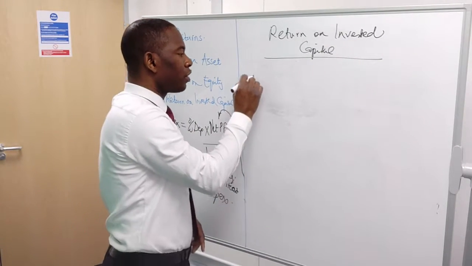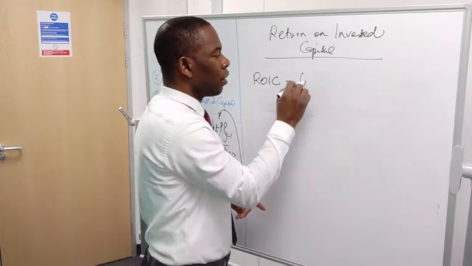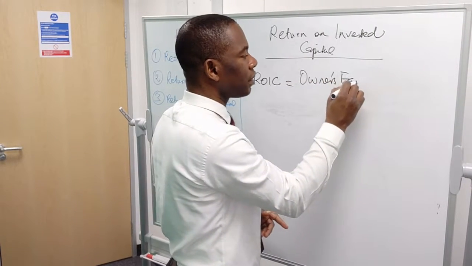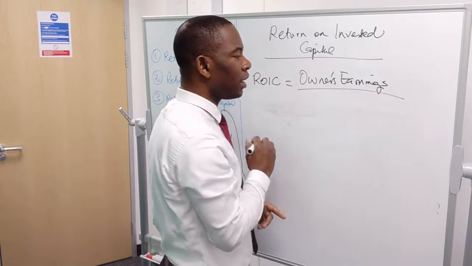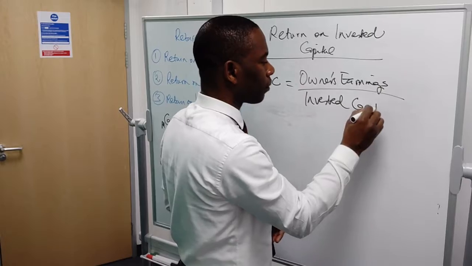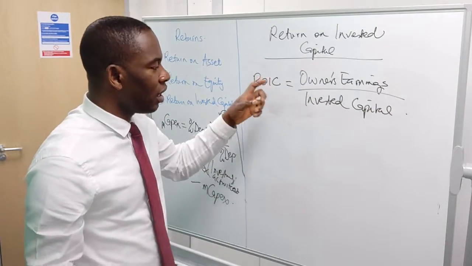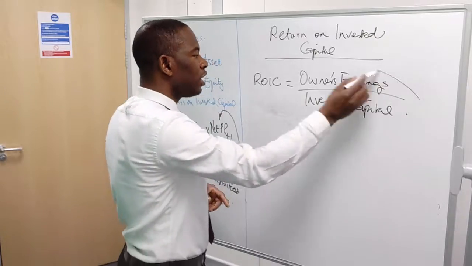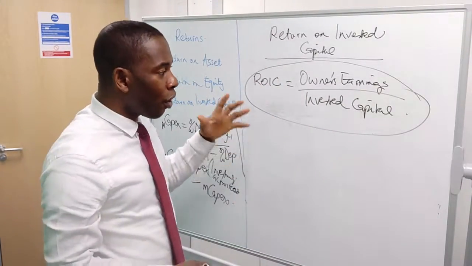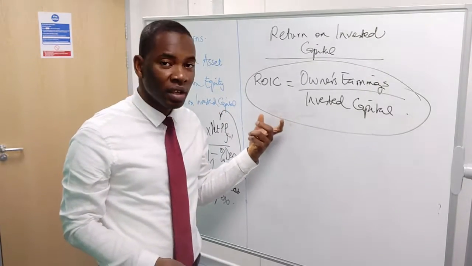Return on invested capital becomes owner's earnings divided by invested capital. If we make those adjustments, this would give you a true picture of the performance of that company.